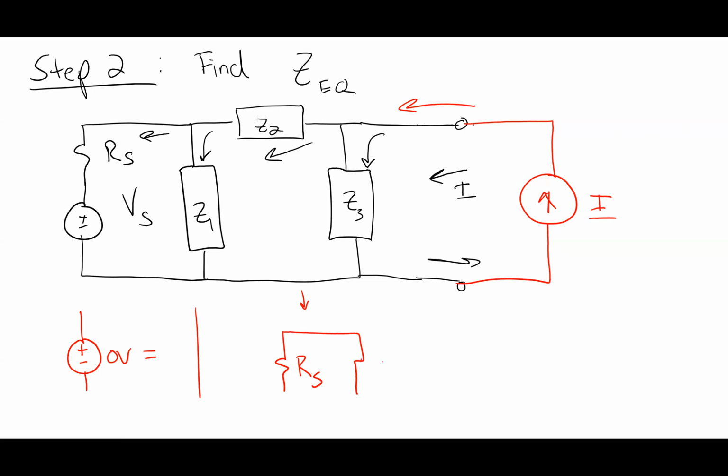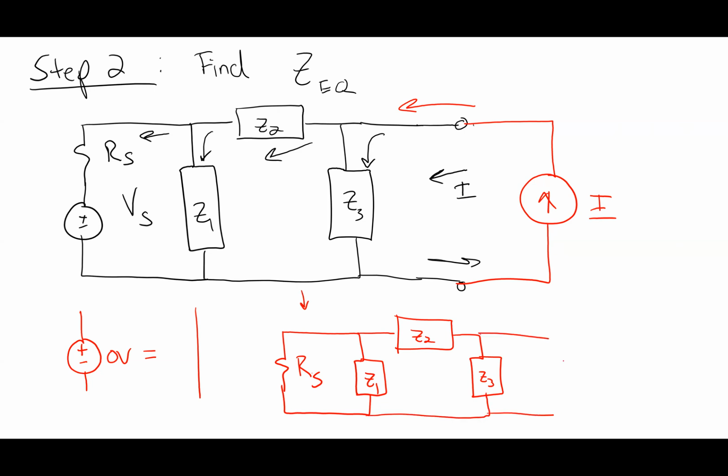And then I've got Z1, Z2, and Z3. Those 3 things are connected into my circuit. What we're talking about is the impedance that would be seen from the perspective of this source at the terminals.